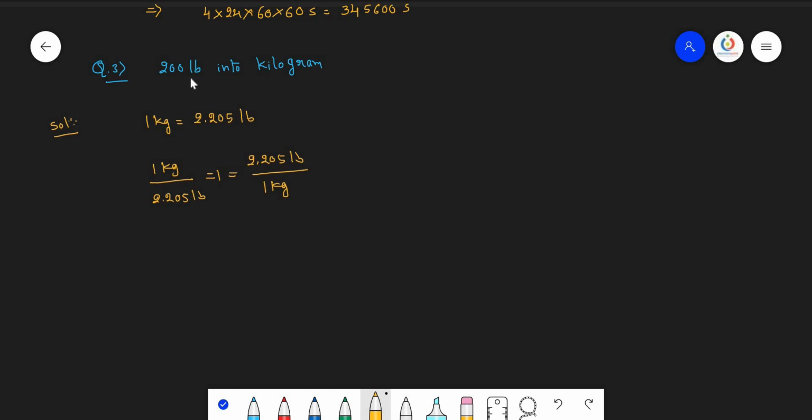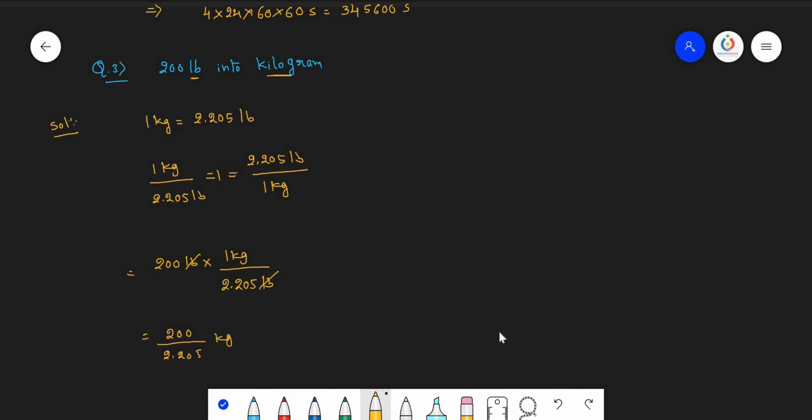Okay. We have taken the pounds here. We want the answer in kg. So, for the final answer in kg, you take the kg in the numerator. So, 200 pounds into 1 kg divided by 2.205 pounds. Pounds units are cancelled. So, we got 200 divided by 2.205 kg.